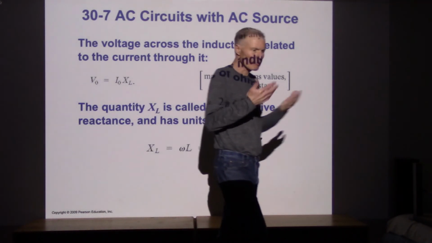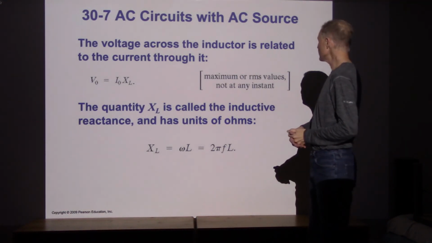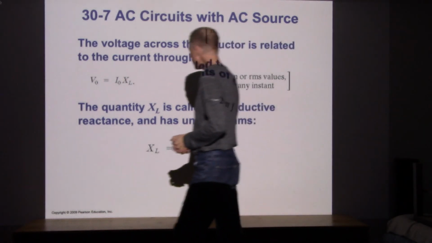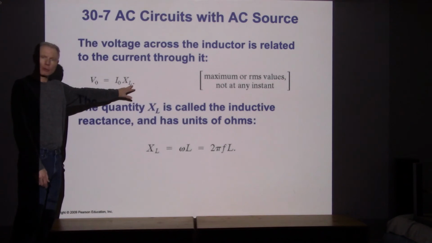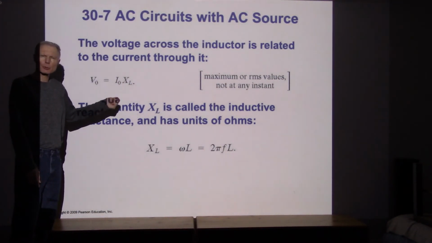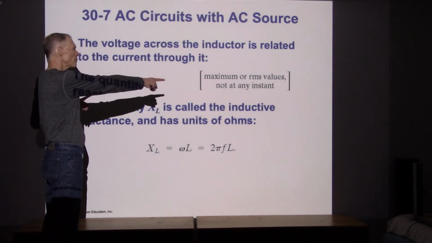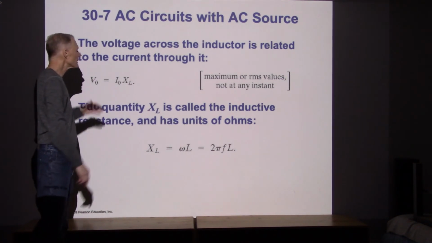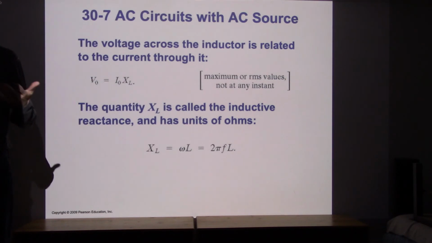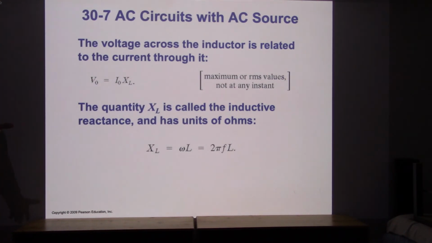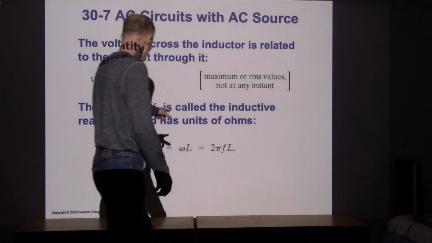They're calling it big X, and it's referred to as reactance. Since it's coming from the inductor, we put a little subscript L on that, and we call it the inductive reactance. The inductive reactance has units of ohms, and it behaves as a resistance. It behaves the same way that the resistance in a resistor does for an AC circuit. So we want to keep that in mind too.